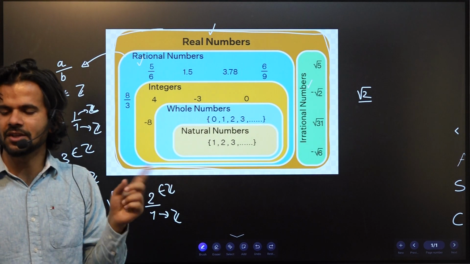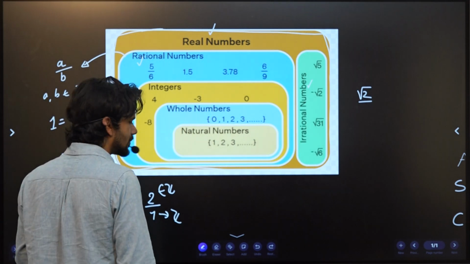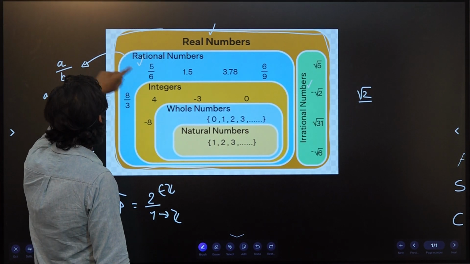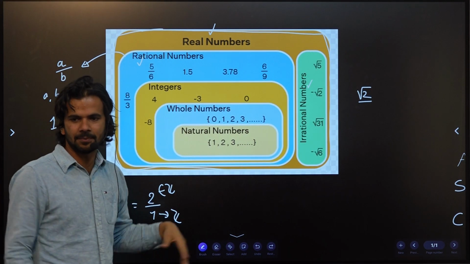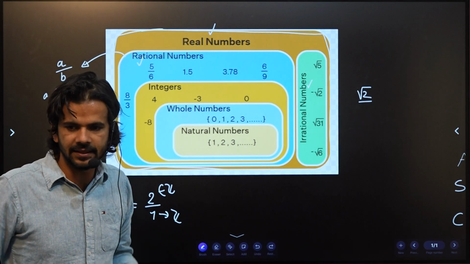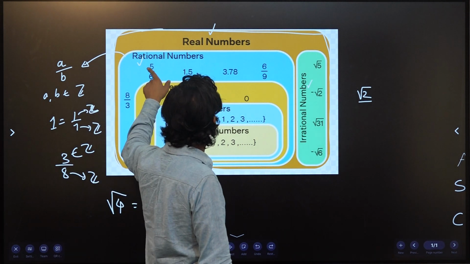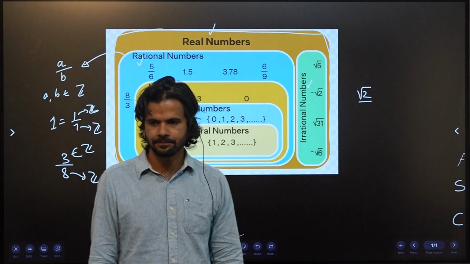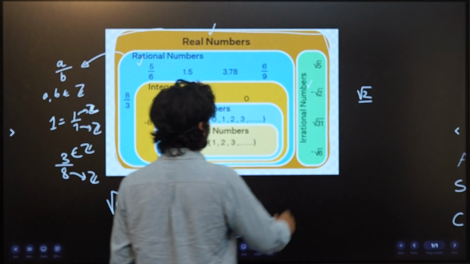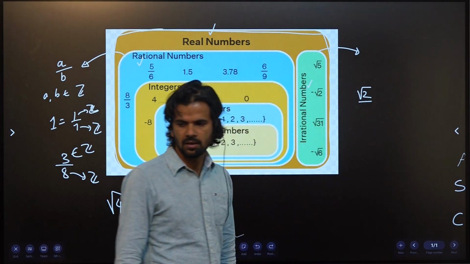Rational means you can express it in the form of a upon b. So what do you see as the relation between rational and irrational? How are irrational numbers written? What is the symbol?